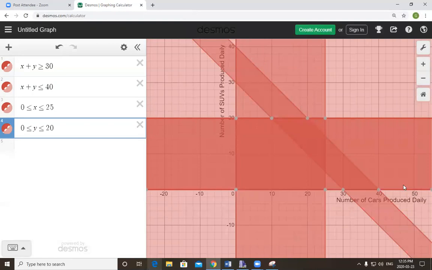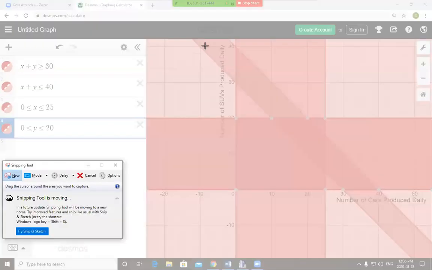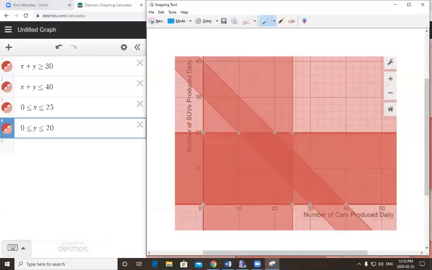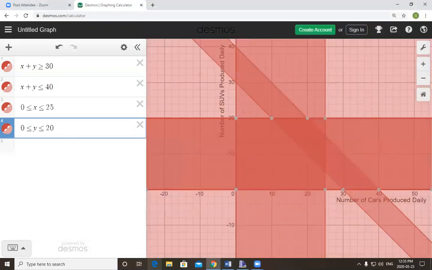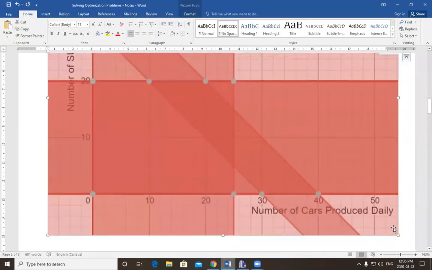All right, and now we'll go ahead and snip this. Perfect, we caught everything there. Copy, and we can close that. And we'll go here to our graph, paste it in, doesn't need to be that big.